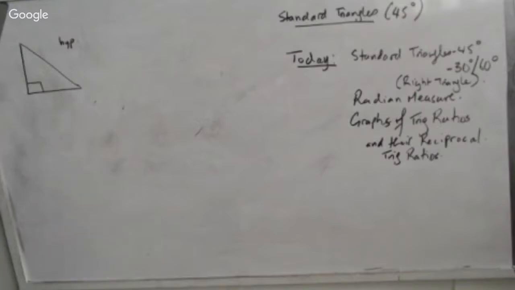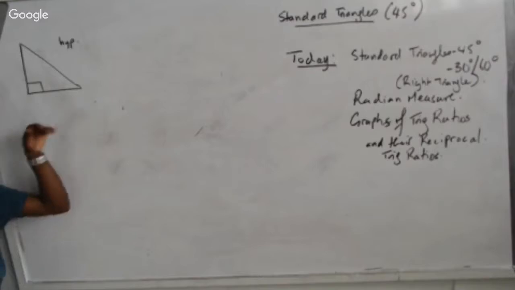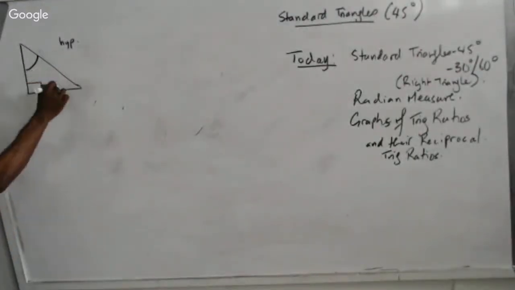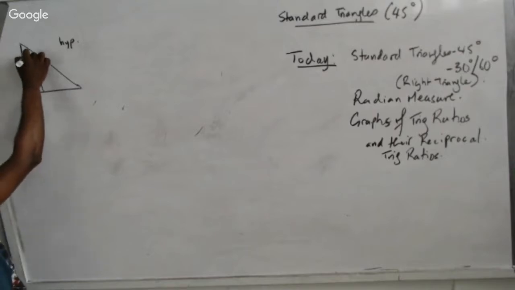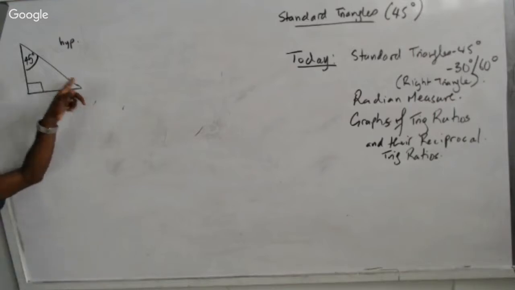Now, if I tell you that we are constructing this right triangle with one of the angles being 45 degrees, what is this other angle?